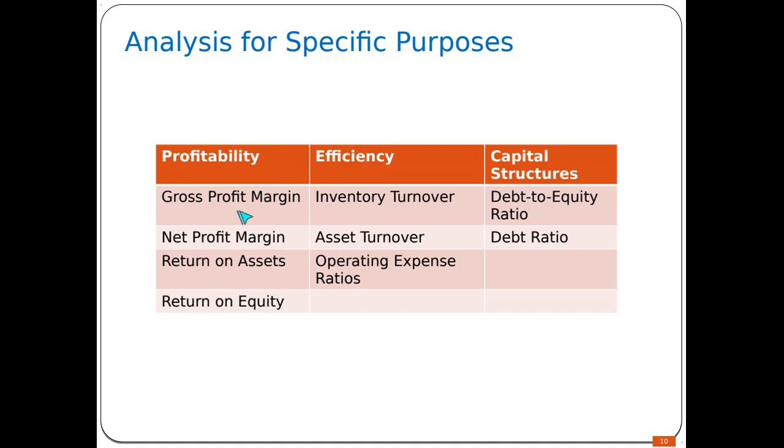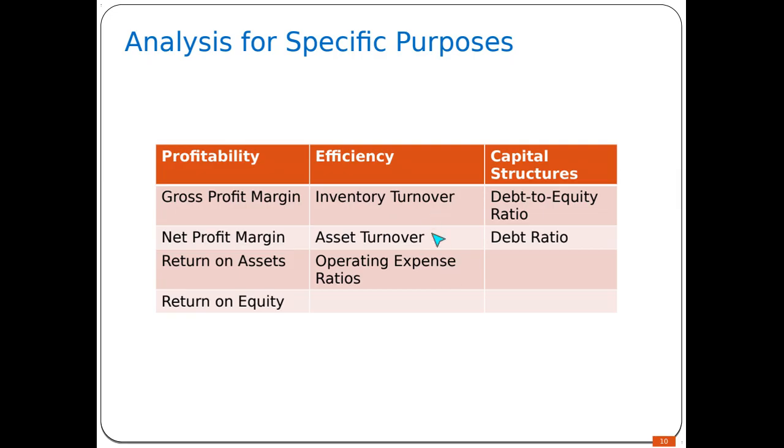company, we usually calculate the following ratios: the gross profit margin, the net profit margin, the return on assets, and the return on equity. So we looked at every single one of them. For efficiency, we look at inventory turnover, asset turnover, and operating expense ratios.